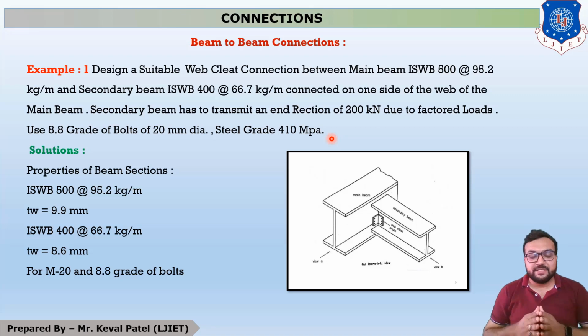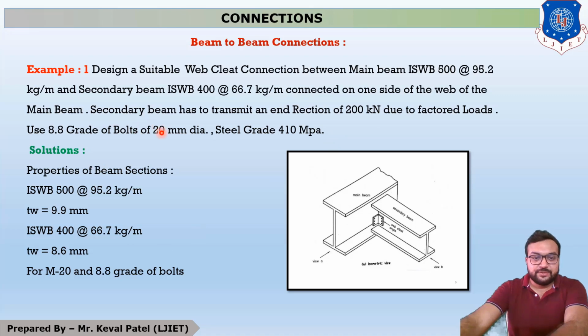In 4.6 grade of bolt, the value of Fu, ultimate stress, is 400, and for 8.8 grade of bolt the value of Fu is 800. Okay, and you can see that it is clearly given in the question that we have to use 20 diameter of bolt and steel grade of 410 megapascal, and this grade will most of the time never change.